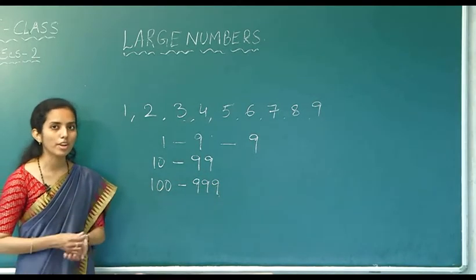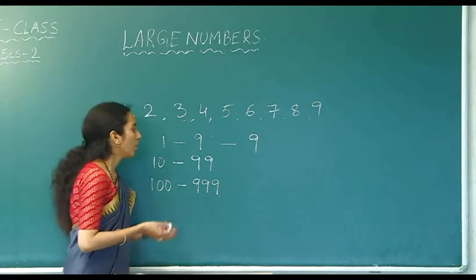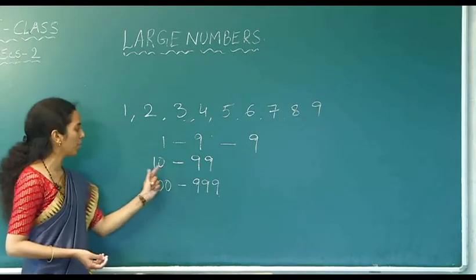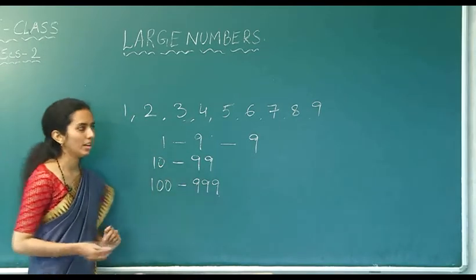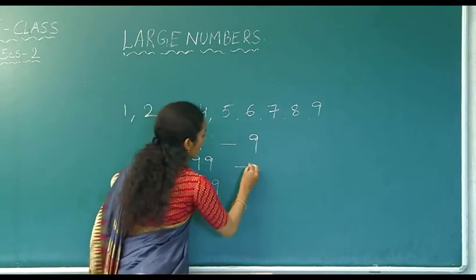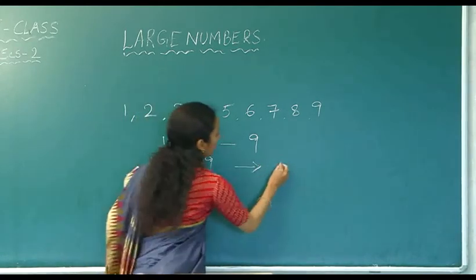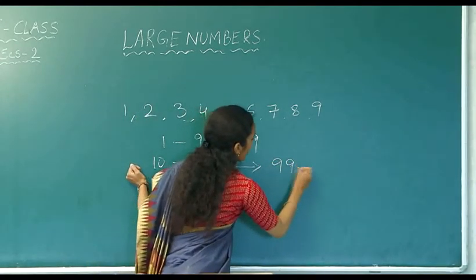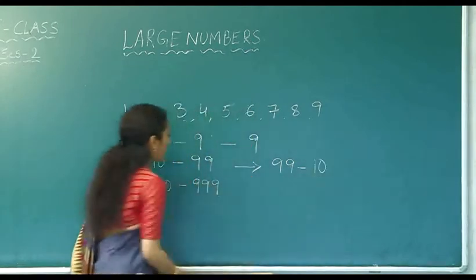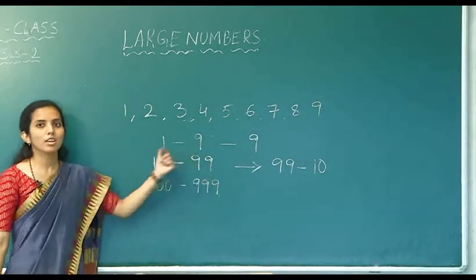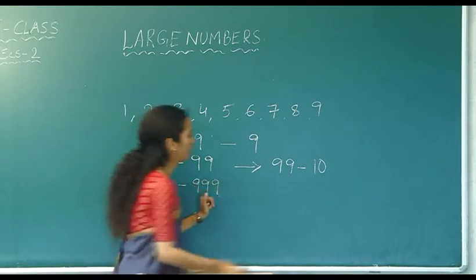So for that what do we have to do? Very simple. To know how many numbers are there between 10 to 99, just subtract 99 minus 10. Big number minus small number. So what do we get here?